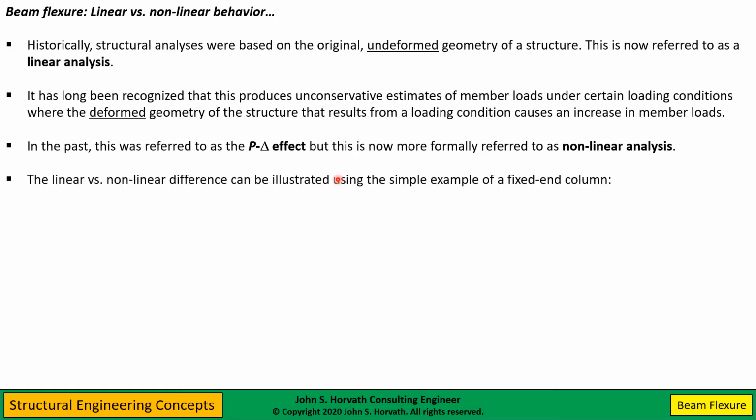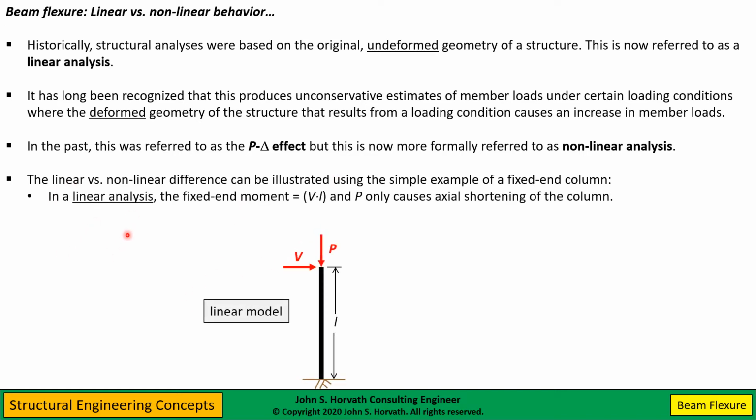And really, the fixed end column is a classic example to illustrate this. In a linear model where you have an axial force P and a shear force V, the fixed end moment down here is simply V times the length of the column L. And the P only causes axial shortening of the column.